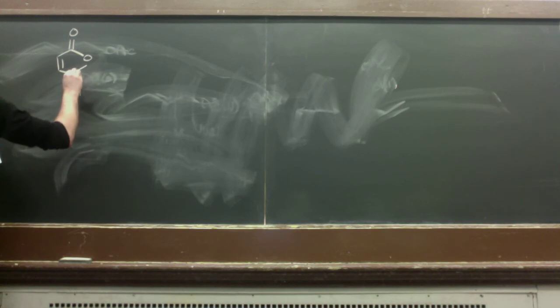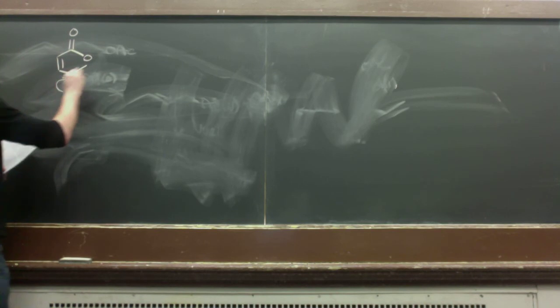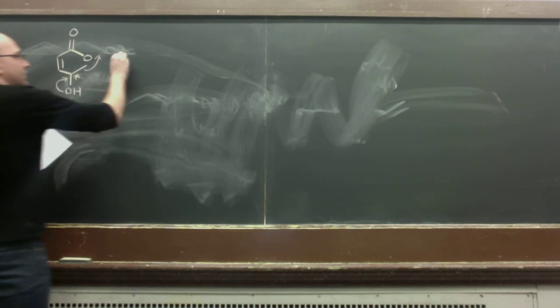The important point is that in these molecules, you have a stereocenter. And so it's virtually impossible to make this molecule as a single enantiomer. The reason for that is that you're going to rapidly undergo racemization of this molecule through ring openings.